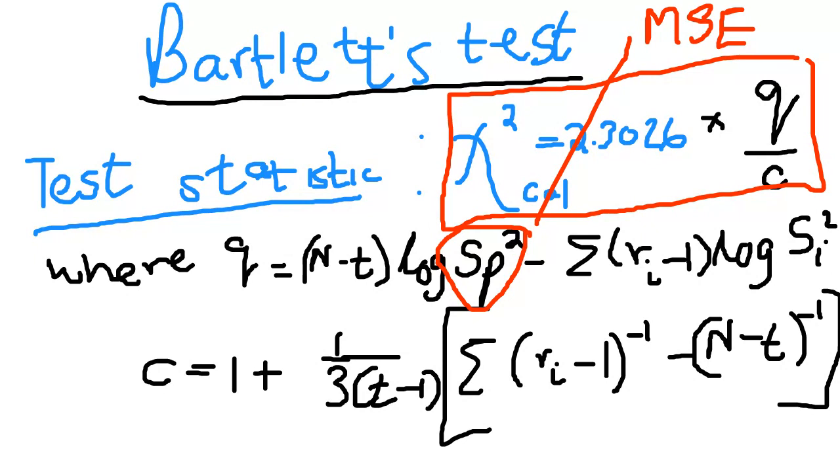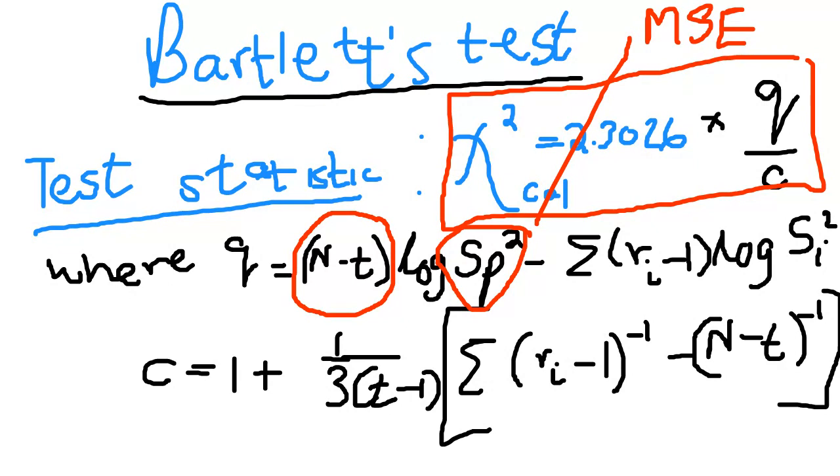The first part here is the degrees of freedom of error. If you can see, it's n minus t, or you can simply say the population size minus the number of treatments.